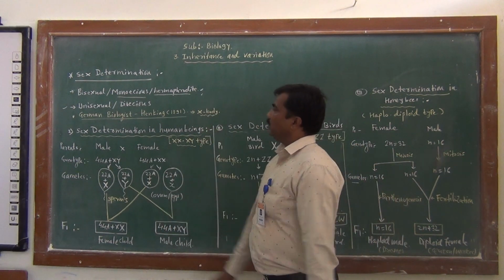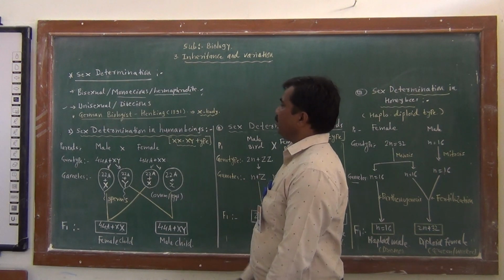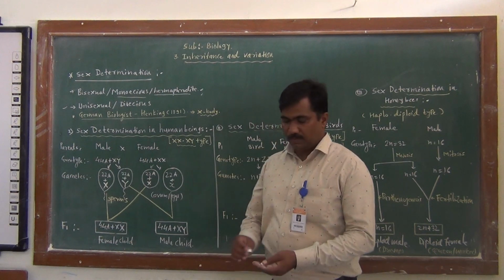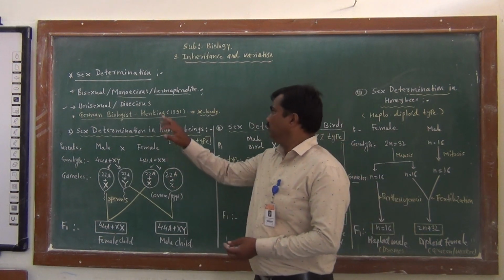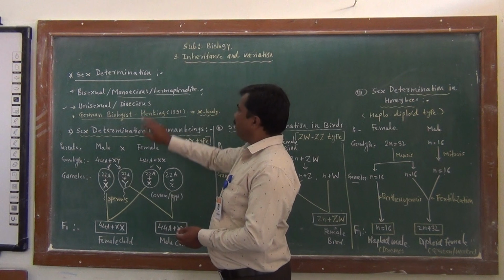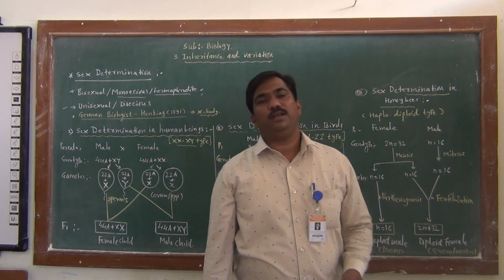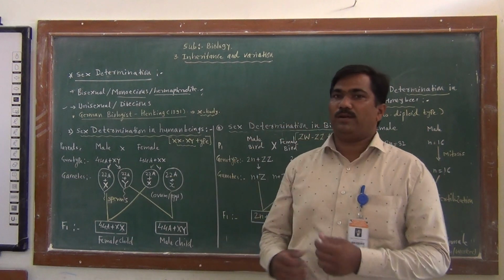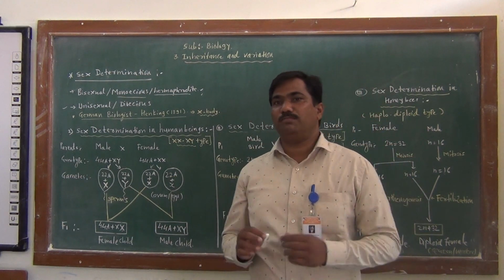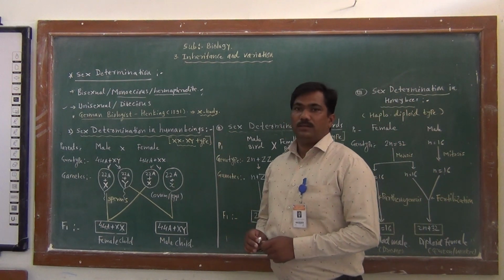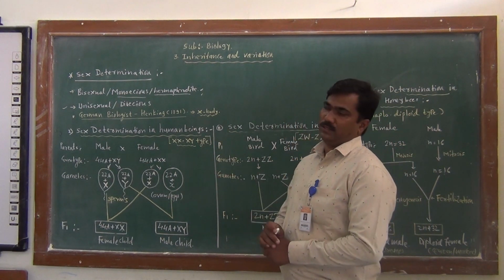Okay, to understand these terms: in 1891, the German biologist Henking was studying the spermatogenesis process in a Strasbourg insect.